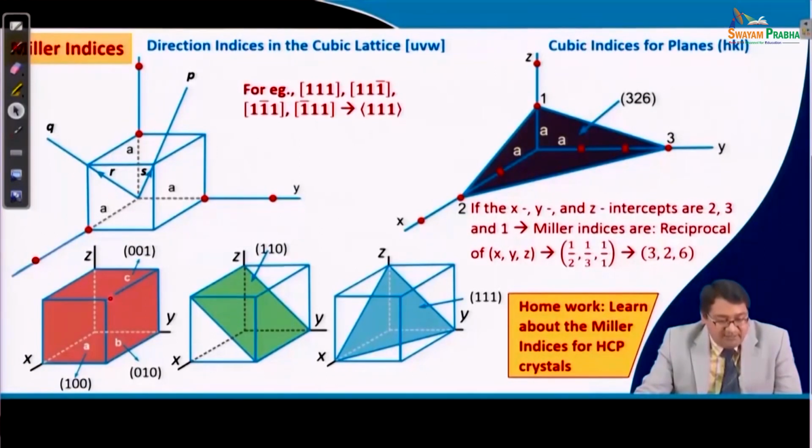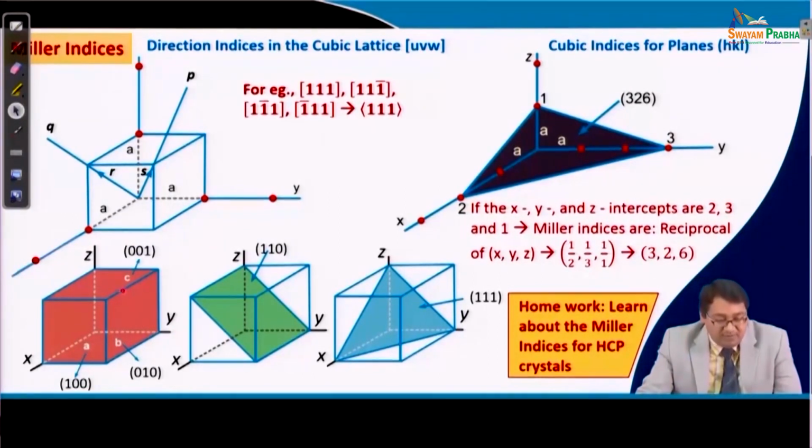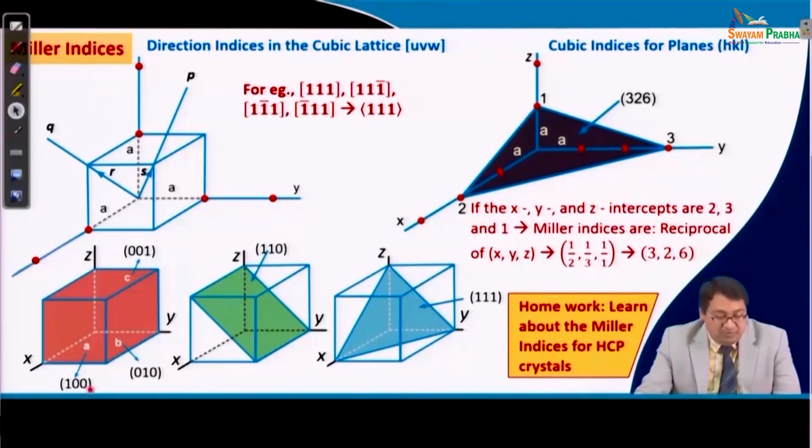On the other hand, if we look here, the y axis is perpendicular to the B plane, and the y axis has a directional vector 0 1 0. Therefore, the B plane has the Miller indices 0 1 0. Similarly, the C plane, which is perpendicular to the z axis 0 0 1, has the 0 0 1 Miller indices.